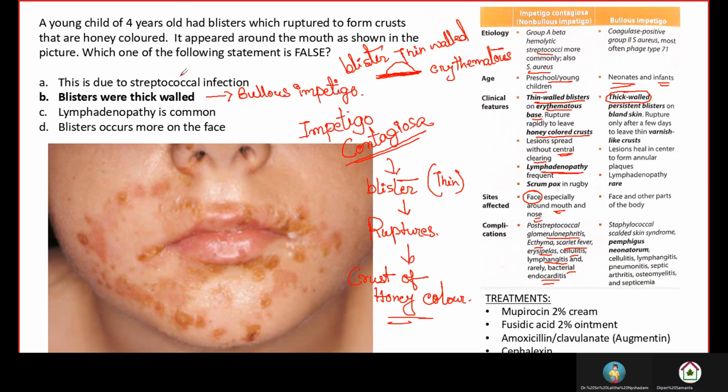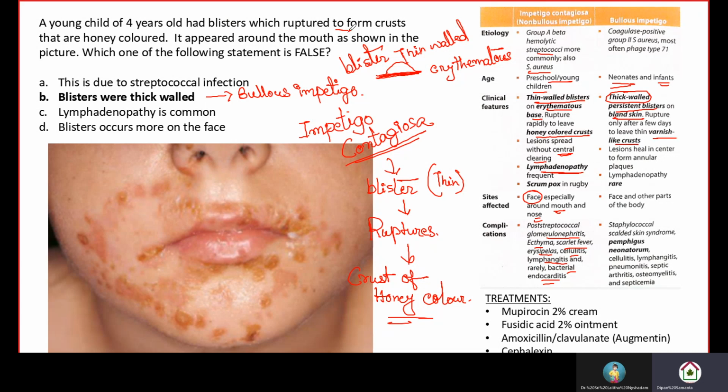They talked about this question, which belongs to impetigo contagiosa, the non-bullous one. Persistent blisters occur because these are thick-walled. Persistent blisters occur on blunt skin and rupture only after a few days to leave a varnish-like crust, not a honey-colored crust.